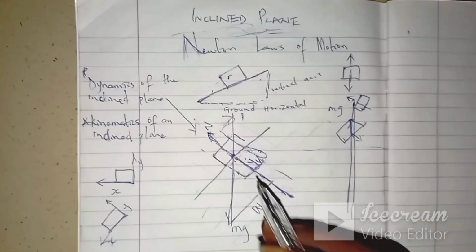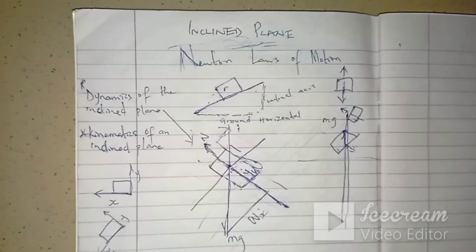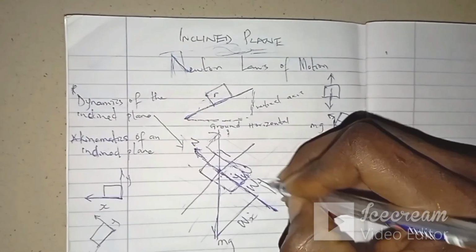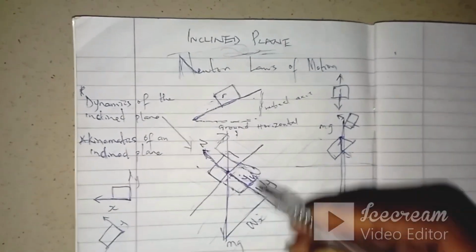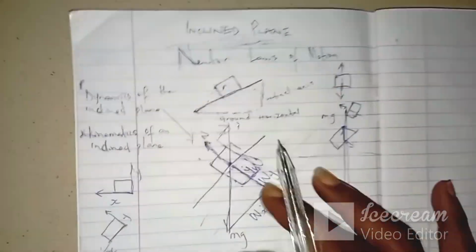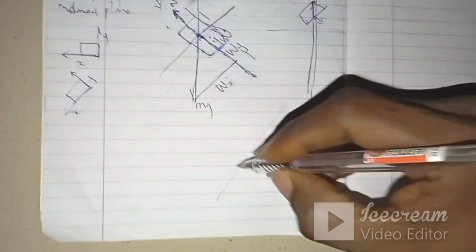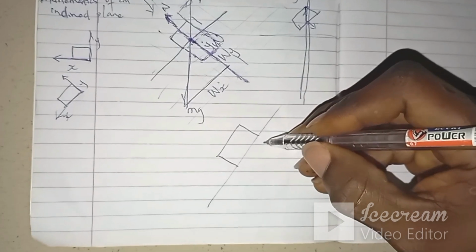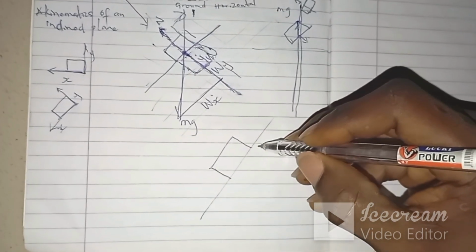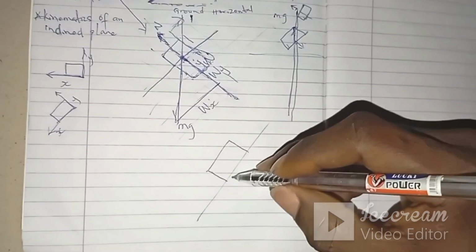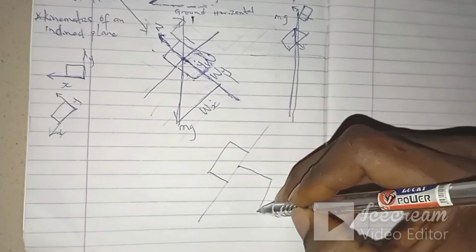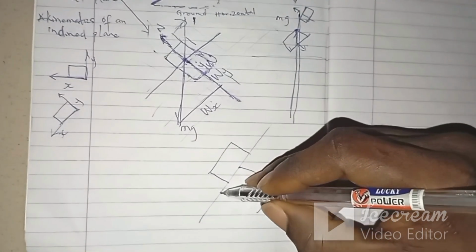What this means is simple: whenever you have an inclined plane this way and you have an object, simply take it that the object, as you're seeing it from the center, has weight acting on it.